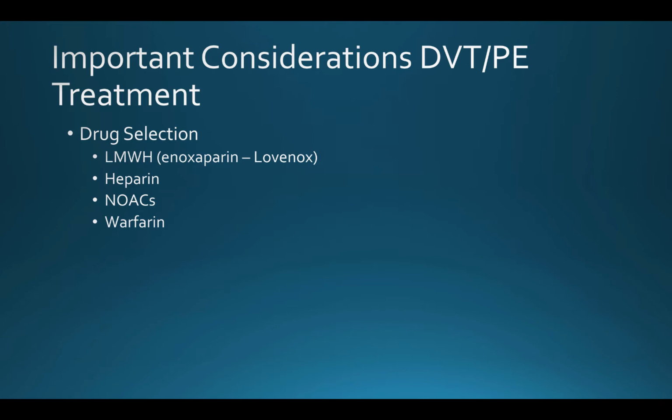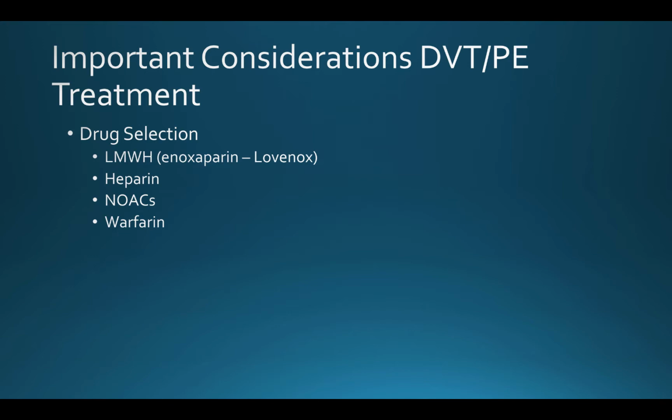Now, when selecting agents, we can certainly use quite a few different ones. So in the setting of acute treatment, you may see a heparin-based product, a low molecular weight heparin-based product utilized there. NOACs can be utilized there as well. Keep in mind with warfarin, we can use it for treatment and prophylaxis, but with warfarin, we have to bridge.